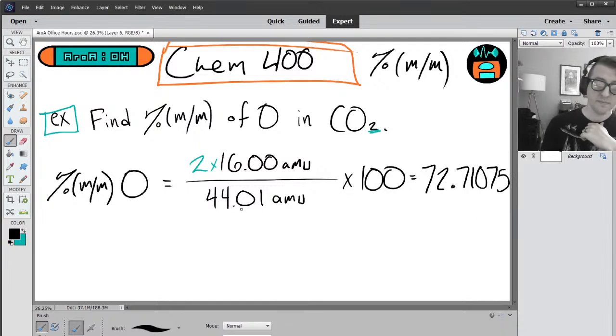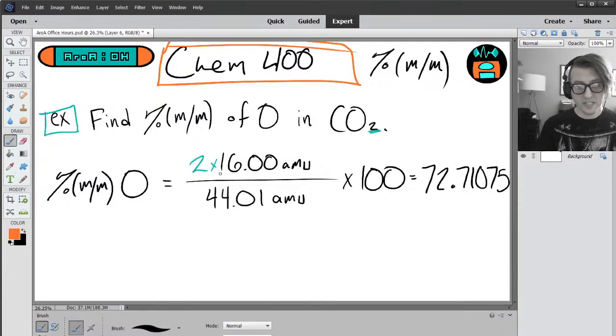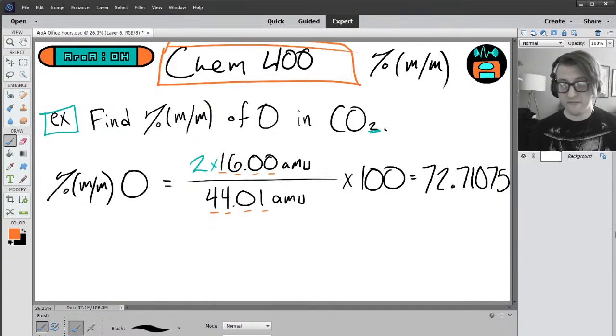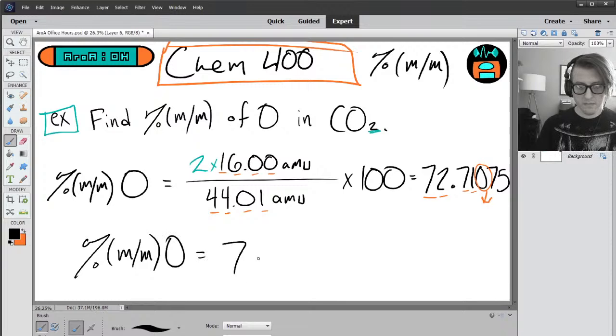The number keeps going, but we don't have to, because when you look at our sig figs, in the numerator we have 4 significant digits, and in the denominator we have 4 significant digits, so our answer can only have 4 significant digits. We count off the first 4, and the next digit, 0, rounds down. So the percent mass of oxygen is 72.71%.